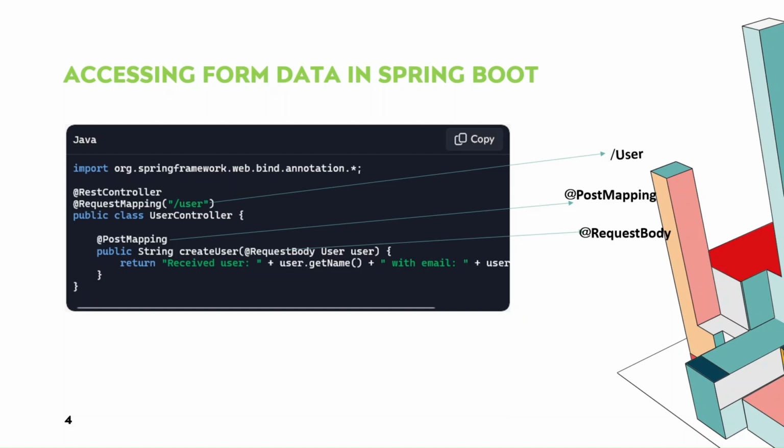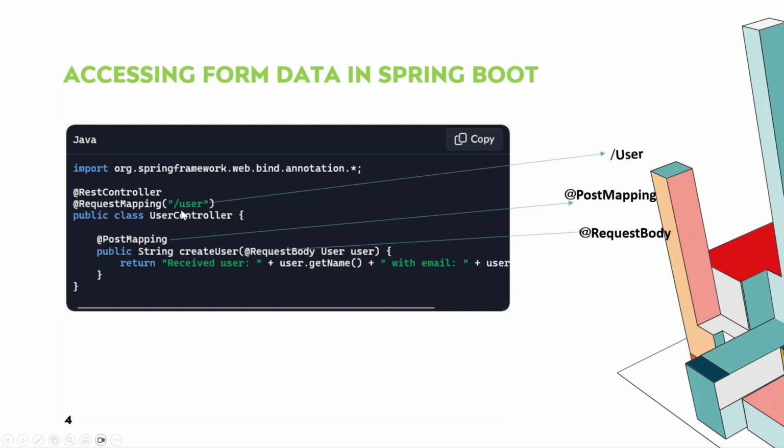So forward slash user should be called, and the JSON I'm sending through Postman, I'm accessing with user dot getName, user dot getEmailId. RestController is one annotation, GetMapping is another, and PostMapping means this data I'm getting over HTTP post.